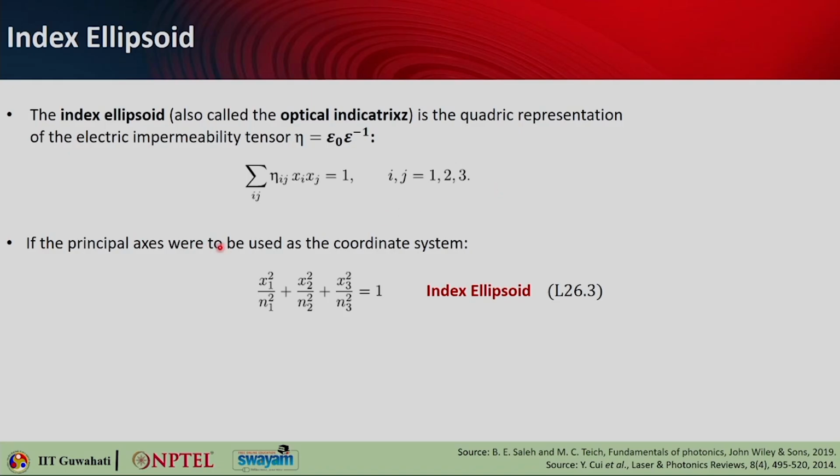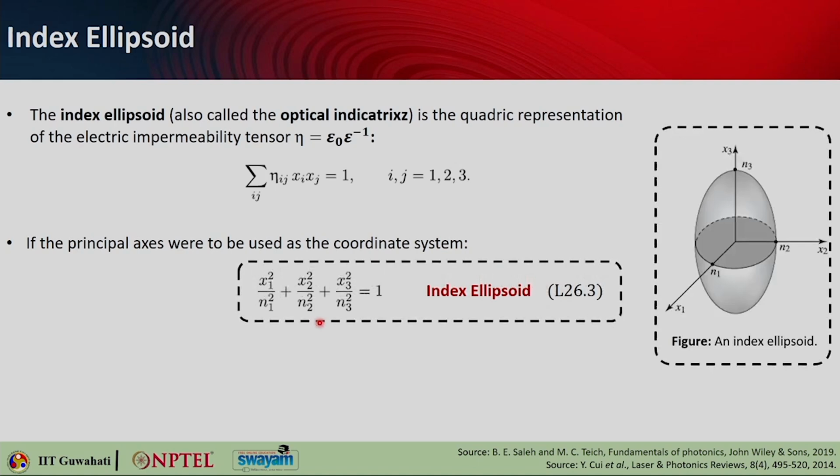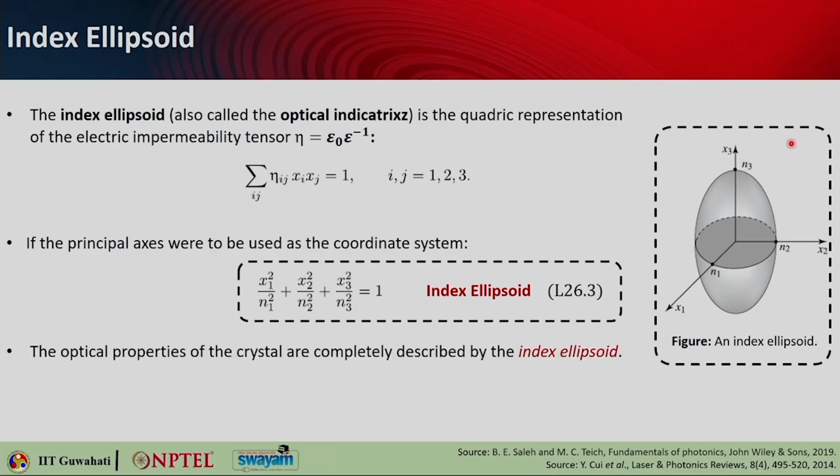So, if the principal axis were used as the coordinate system, you come up with this equation, that is x1 square by n1 square plus x2 square by n2 square plus x3 square by n3 square equals 1, and that is the equation of an ellipsoid, and we call this an index ellipsoid. Okay, and this is how it will look. So, n1, n2 and n3 are these points, and x1, x2 and x3 are the coordinates, or you can say the principal axis.